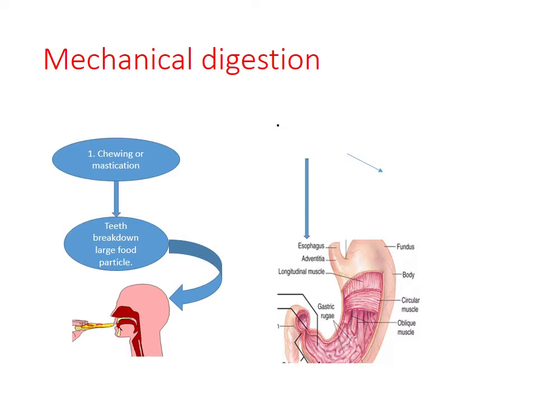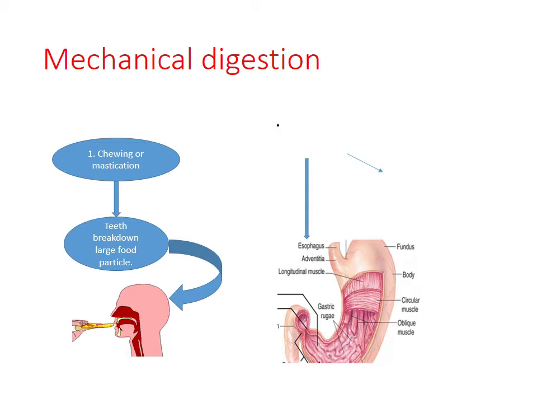As you take a large particle of food that is very difficult to swallow, the teeth break down that large food substance into smaller particles that will be easy to swallow. This is chewing, or the process of mastication.